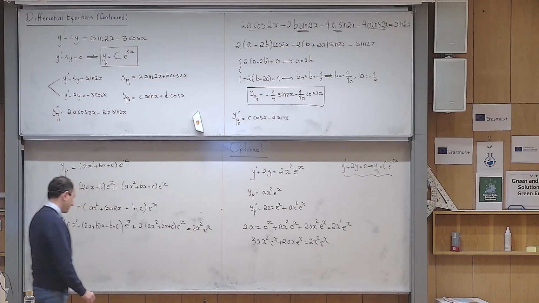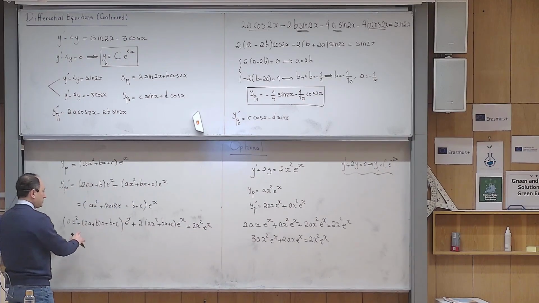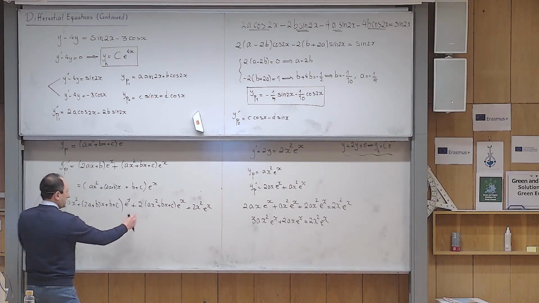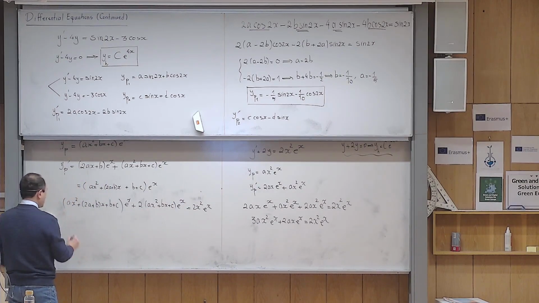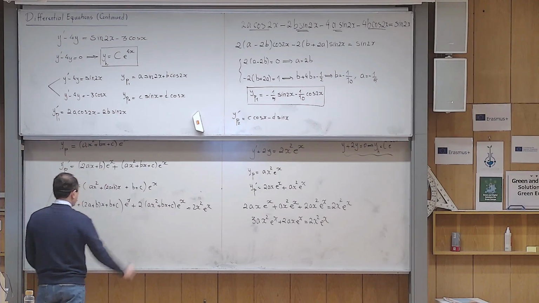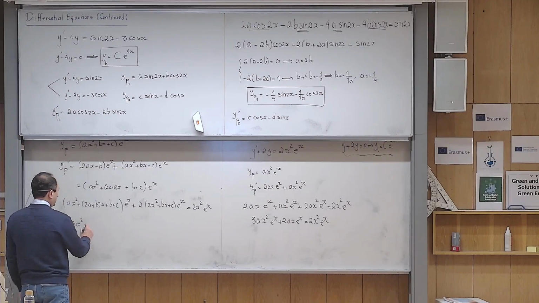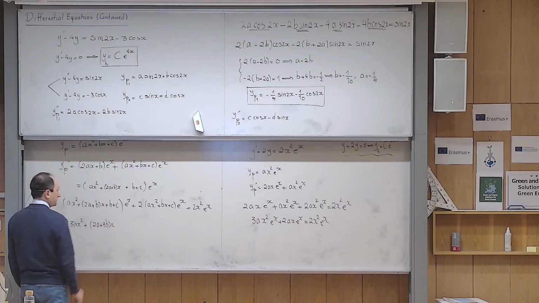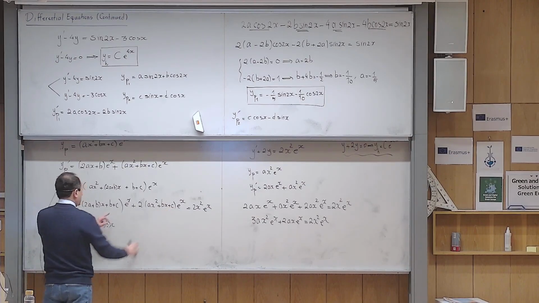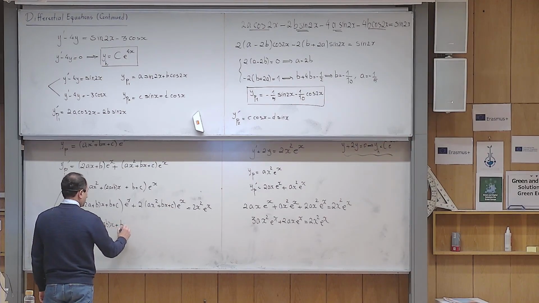Yes, sorry. And now let us do this in our head, yes? I factor e to the x out. 2ax squared becomes 3ax squared. Yes? 2bx, and this will be added here. So it becomes (2a plus 3b)x. And then I have 2c and c, so 3c and b.